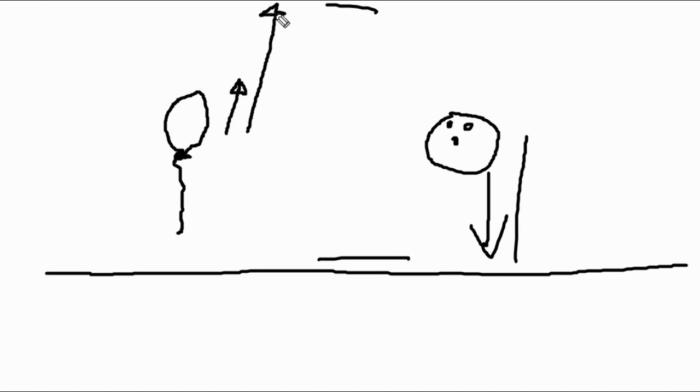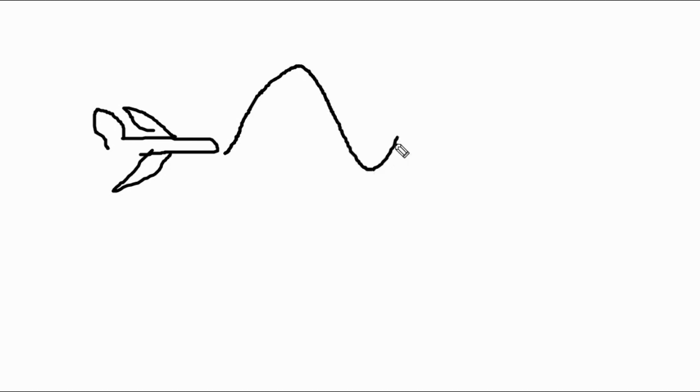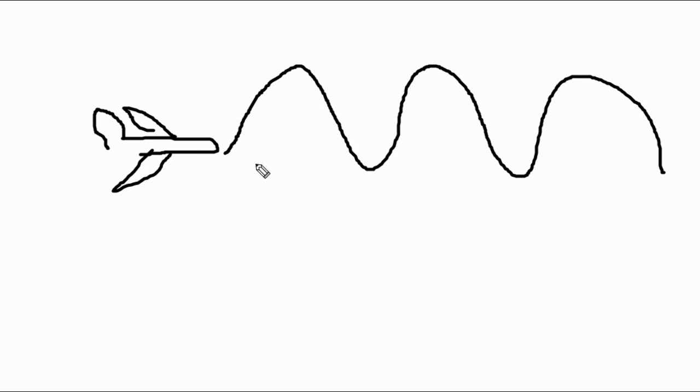So in the case of the 0G plane, it flies along and does these parabolic arcs in its flight path, and during this arcing period where the plane is falling, everyone inside the plane is floating around.